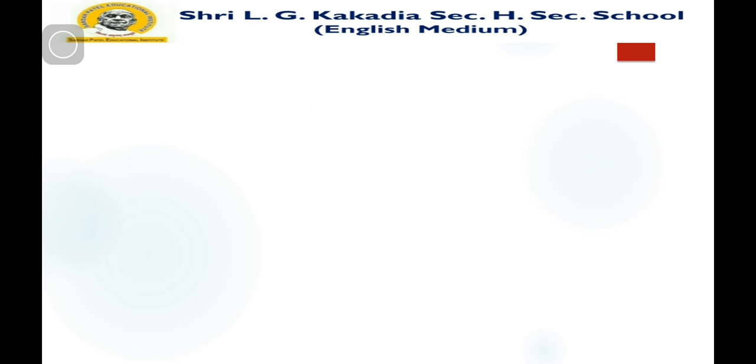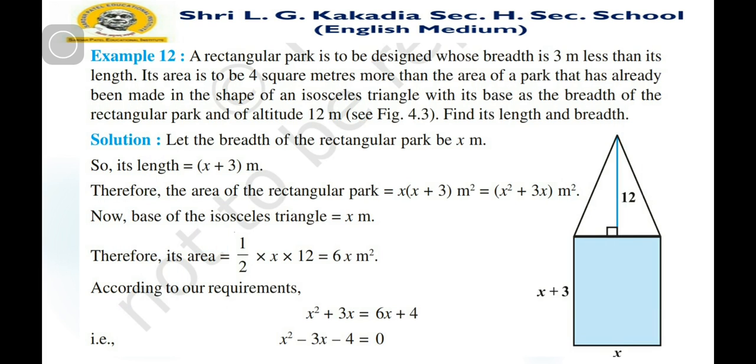Now let's look at the next question. A rectangular park is to be designed whose breadth is 3 meters less than its length.